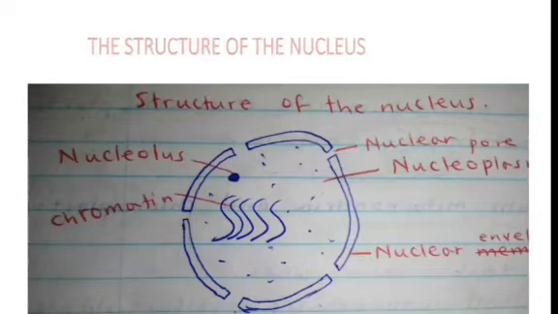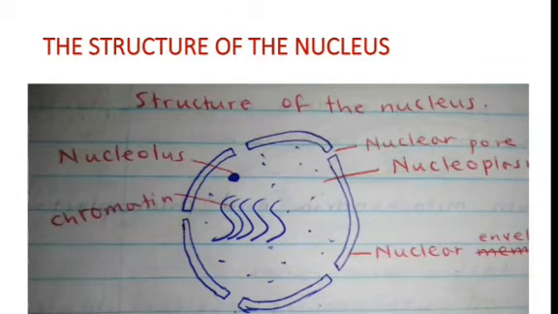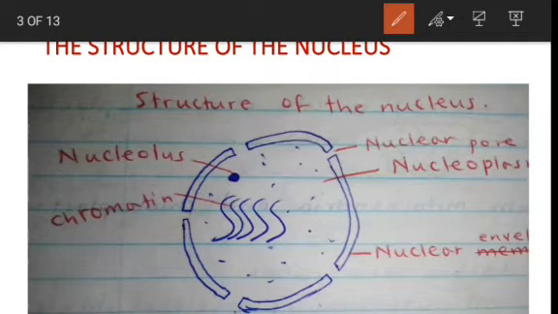So now, let us have the structure of the nucleus. The structure of the nucleus contains very many parts, and among them we have the nuclear pore. This nuclear pore, we shall see its function. We have the nucleoplasm as also a part.